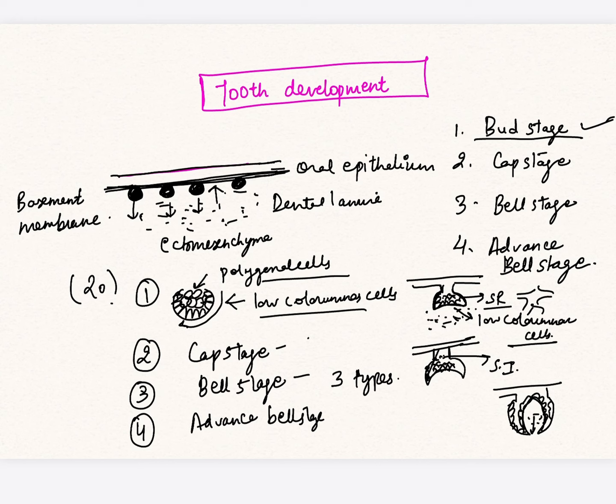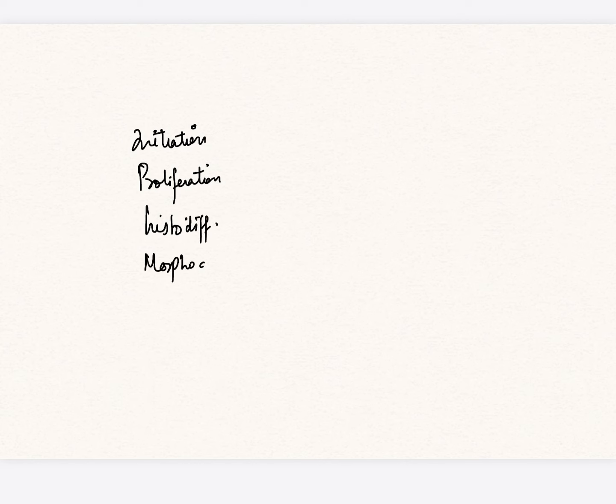Simultaneously with tooth development, there are different processes going on, or we can say the different stages of growth of tooth development are going on histophysiologically. So histophysiologically we have different stages like initiation, proliferation, histodifferentiation, morphodifferentiation, and last is apposition.